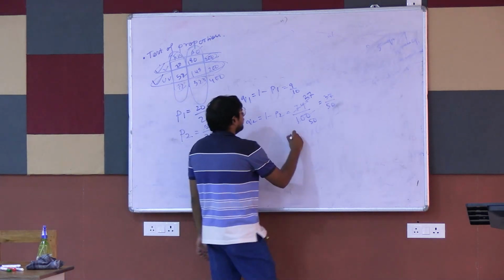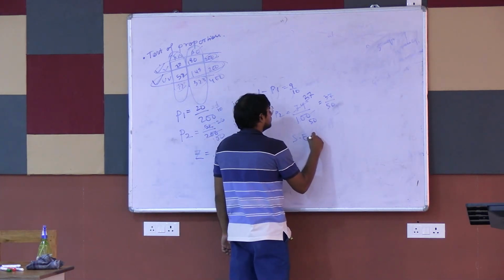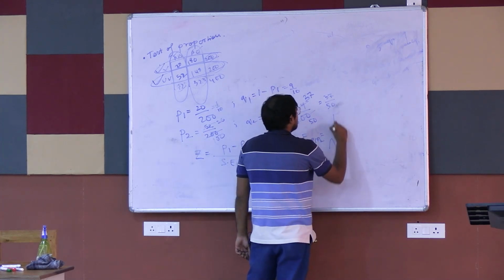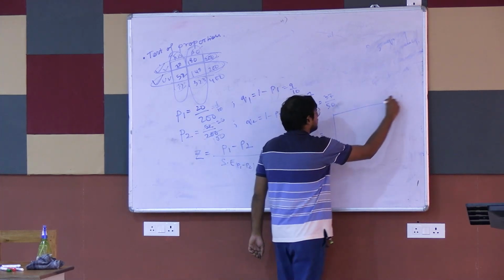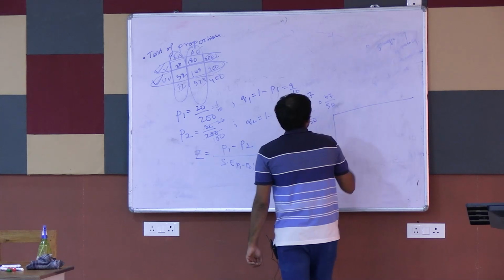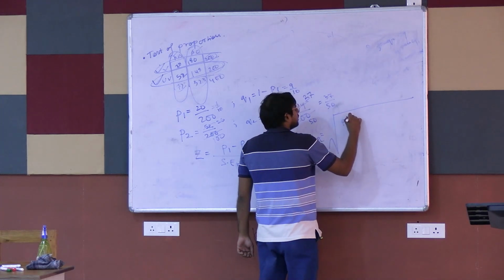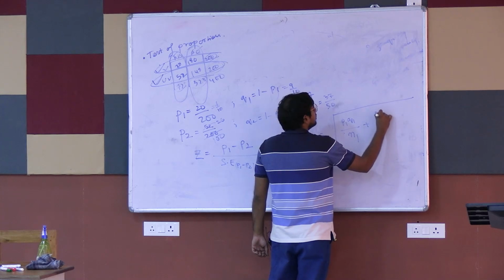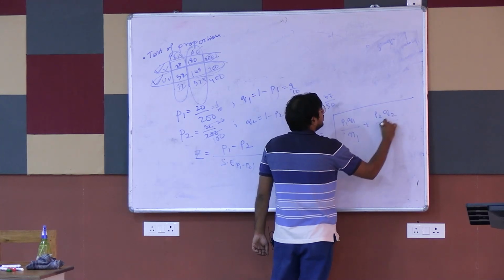What is the standard error of P1 minus P2? Root over P1 Q1 divided by N1 plus P2 Q2 divided by N2.